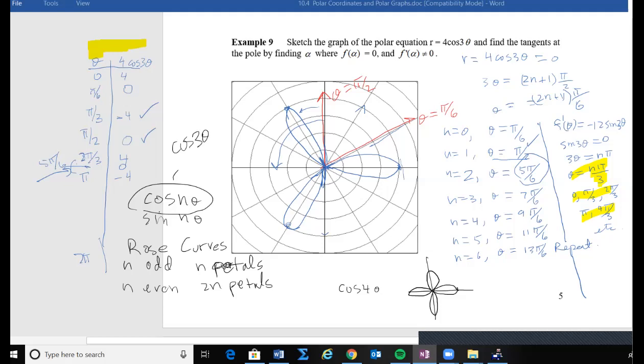So actually, I might have to take that back, what that looks like. But there's definitely going to be 4 of those. But we should be more careful about where that first petal starts and where it finishes. That could be a topic of another graph problem.